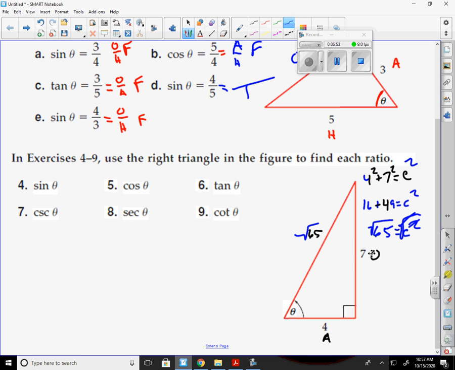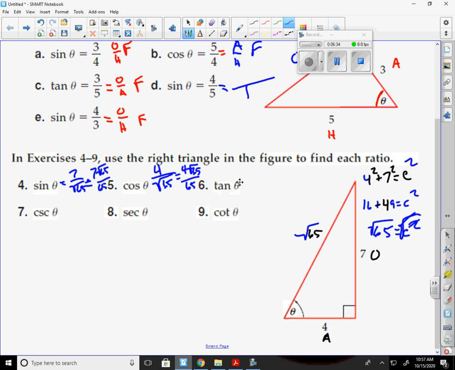Since sine theta is opposite over hypotenuse, that's 7 over root 65. Can't have the root on the bottom, so 7 root 65 over 65. Cosine is adjacent over hypotenuse, so it's going to give us 4 over root 65, which is then equal to 4 root 65 over 65.